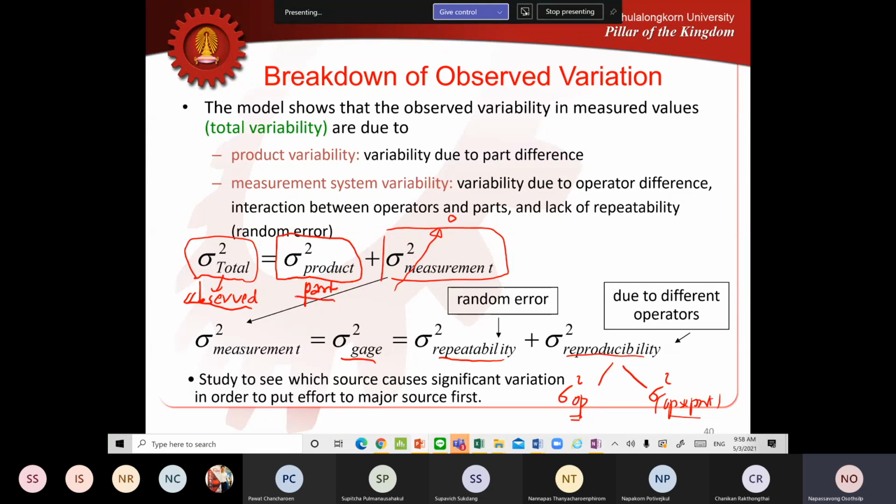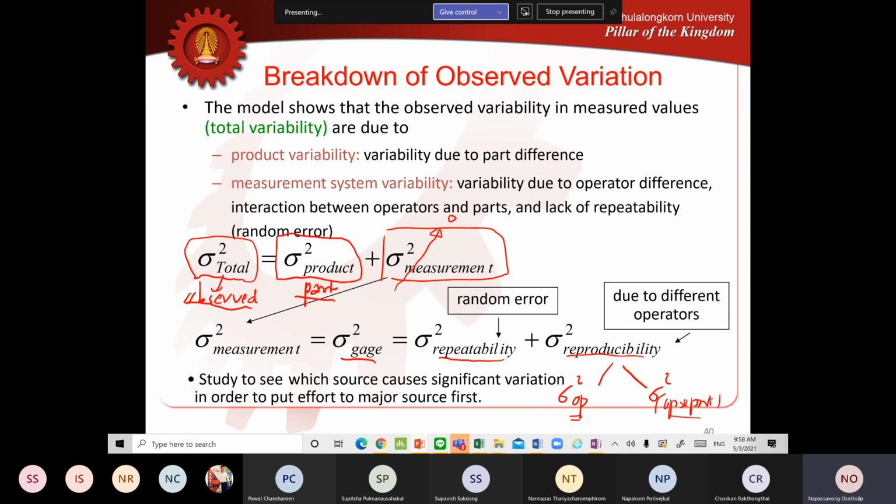So that is perfect. That is the best thing that we can get. We observe exactly the same as the variation of the parts that really happen.